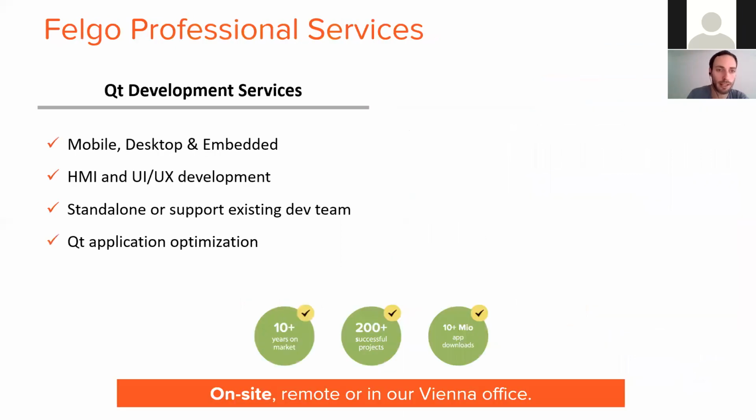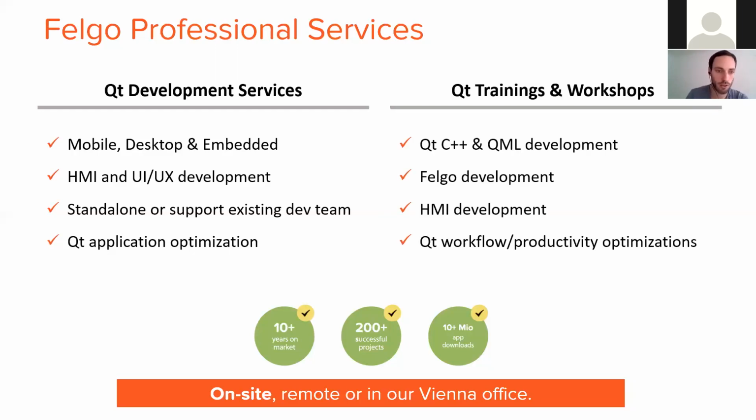First is by providing development services, either on-site at your location, remotely, or in our office here in Vienna, where we focus really on HTML, UI, and UX development, also Qt application optimization, and it's really like an additional resource that you can use to help your existing project and software development team. And the second branch is the trainings and workshops that we're offering for basically anything Qt related to help you work more productively and efficiently.